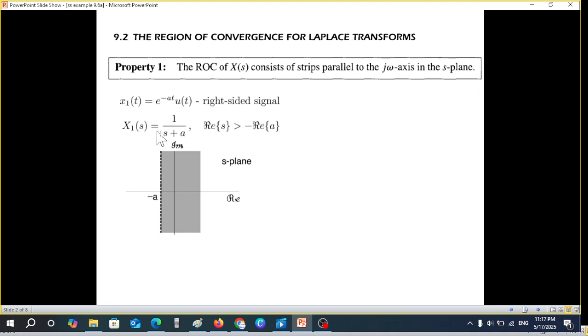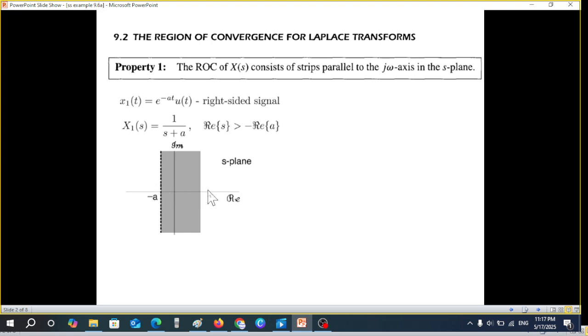This transform is in this form, valid for the real part of s greater than negative of the real part of a, because it is right-handed. This is representing a pole. s plus 1 equal to 0 means s is at -1. So this is the pole position.